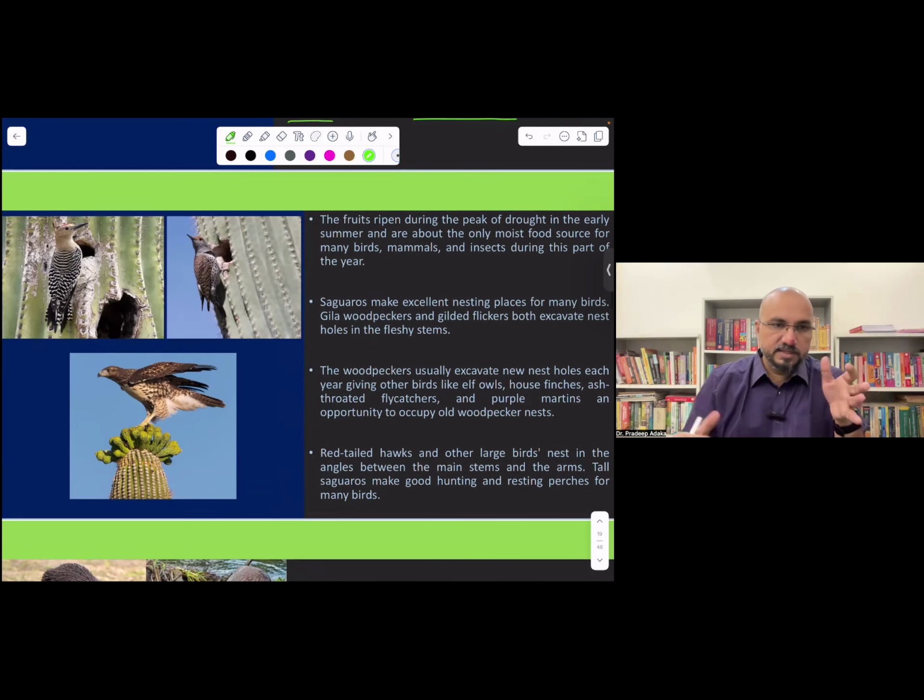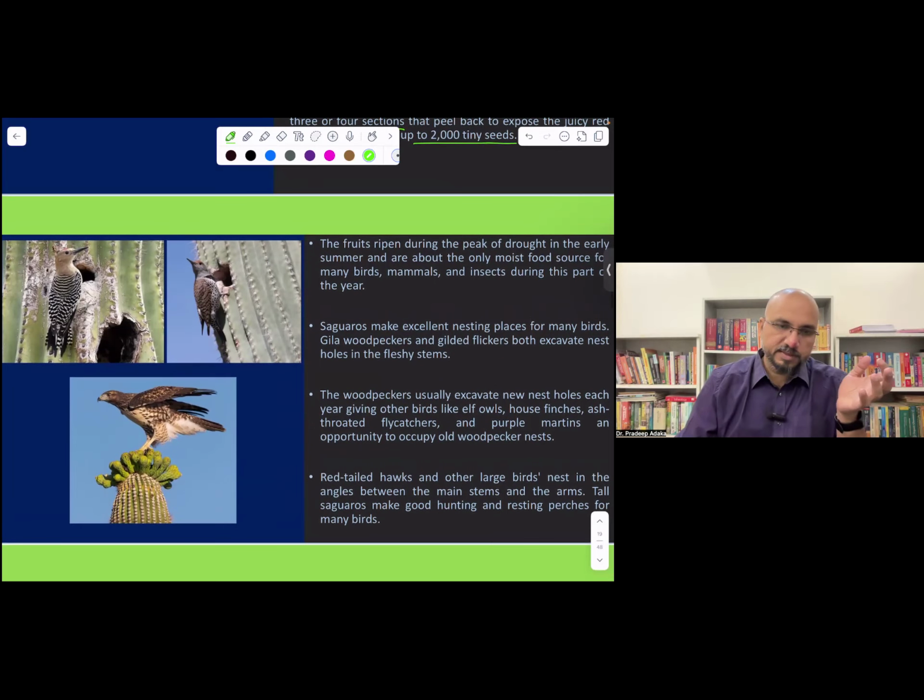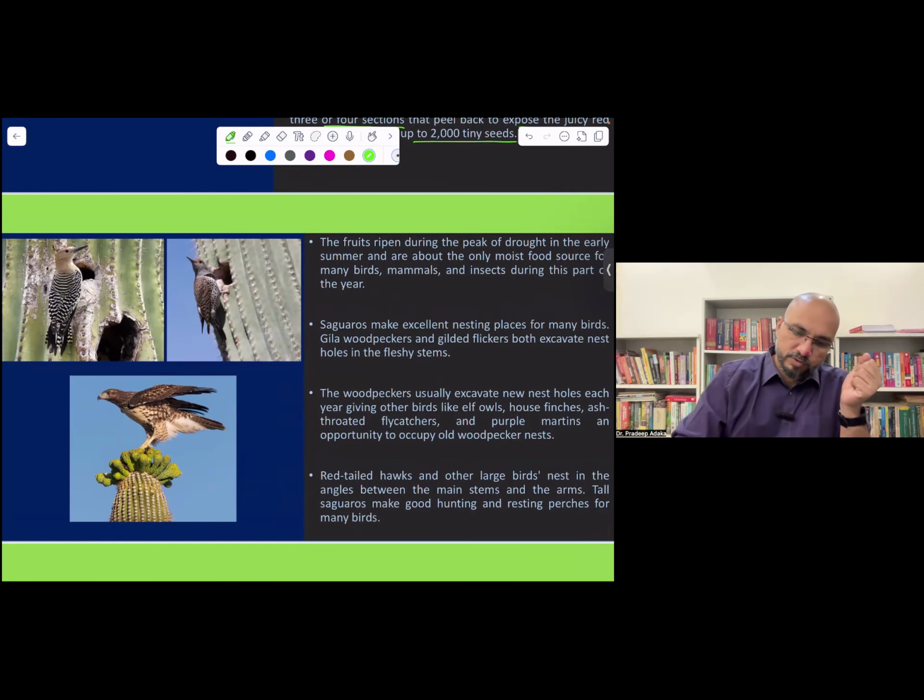So let us see how different species are supported by this cactus. So fruits ripen during the peak of drought, okay, in the early summer, and are the only moist food source which is available in that desert.